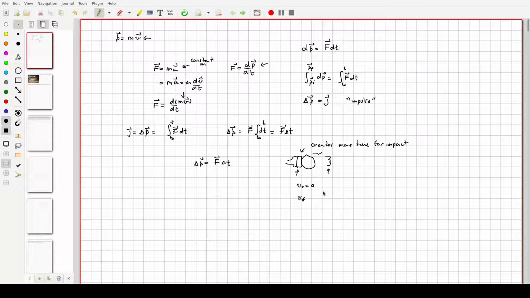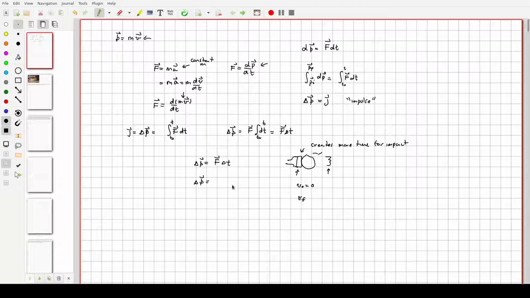Okay. So in both situations, the final velocity of the head's the same. Okay. So what that means is regardless of what's going on, since momentum is m times v, the change in momentum in both situations via bare knuckle or with a glove is the same.